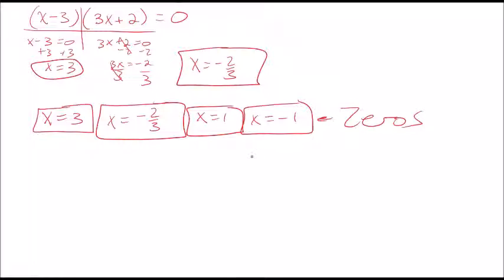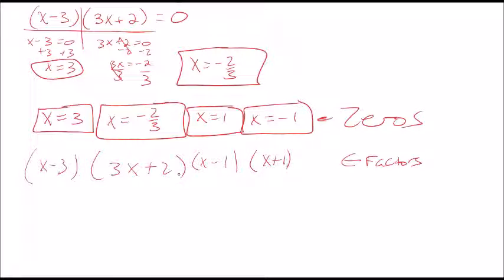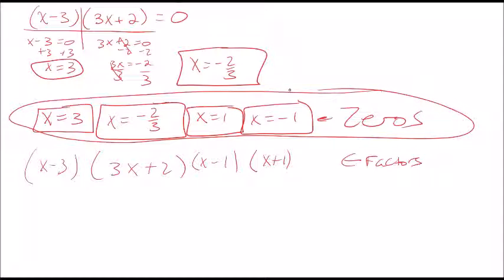Just so you know, though, the factors here would have been x plus 1, x minus 1, x minus 3, and 3x plus 2. These are the factors, but the answer here we were looking for was the zeros. And there you have it.